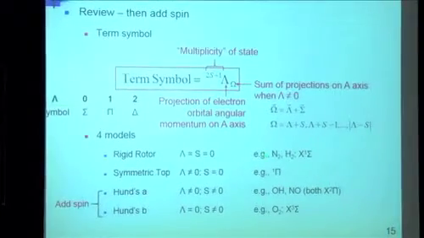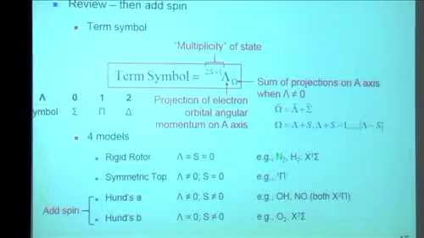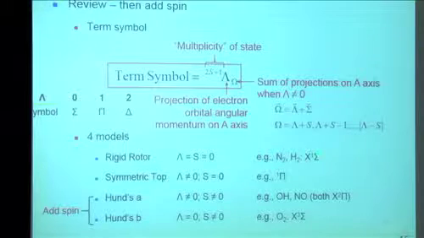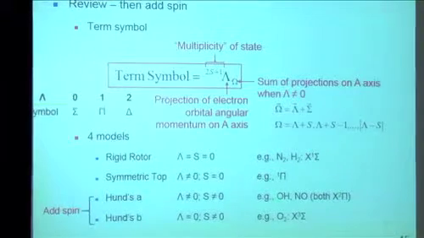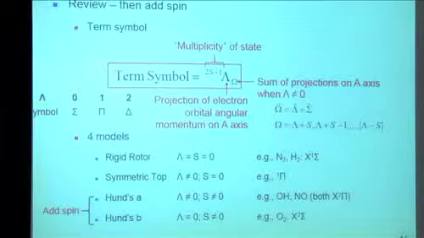A lot of molecules that we like, nitrogen, hydrogen, CO, are rigid rotors. Some other molecules that we care about in combustion are Hund's case A. They're X 2 pi. Both OH and NO are X 2 pi.